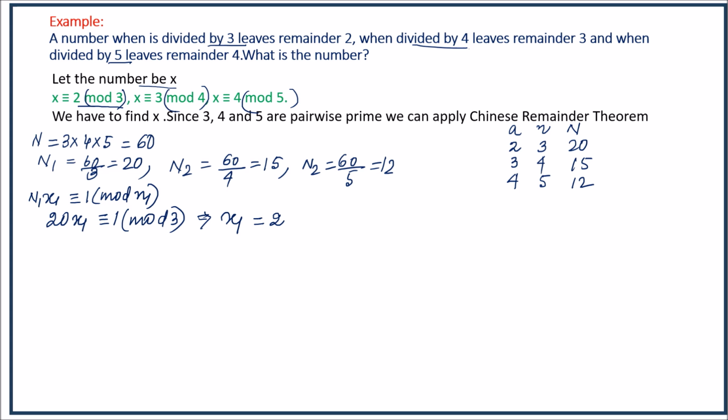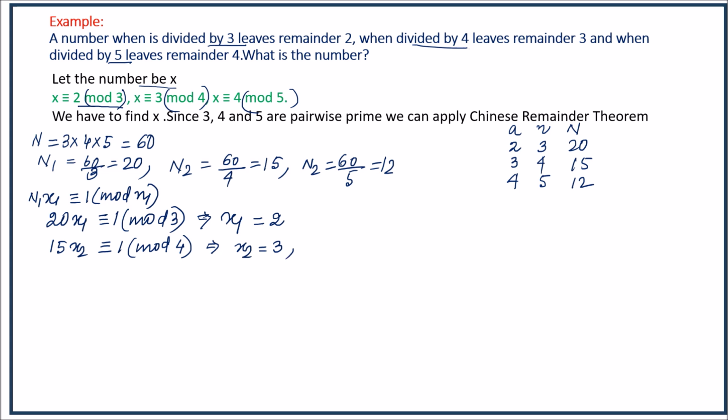Next is the second one. So it will be 15x2 is congruent to 1 modulo 4. 15 into 2 is 30. 15 into 3 is 45. 45 when divided by 4 leaves remainder 1. So x2 is 3.